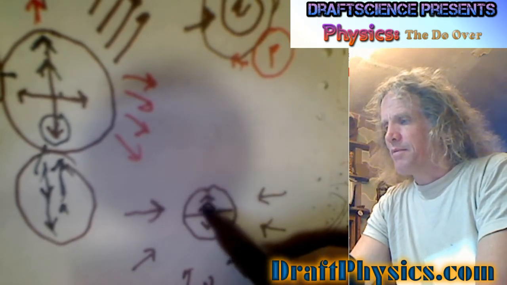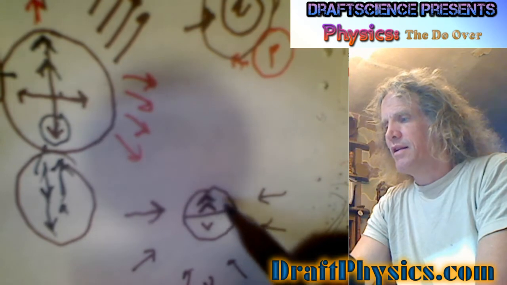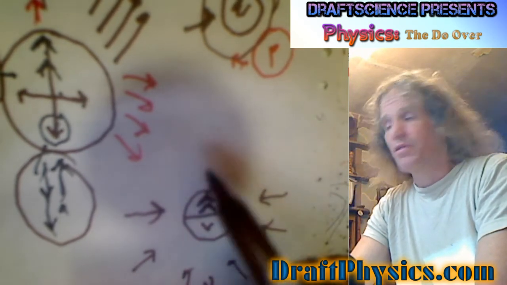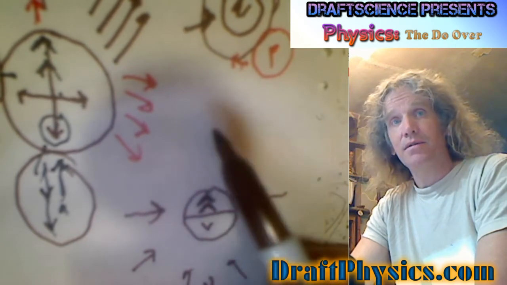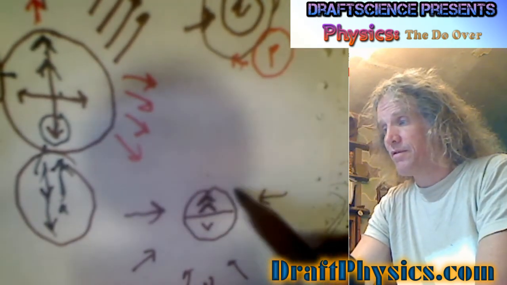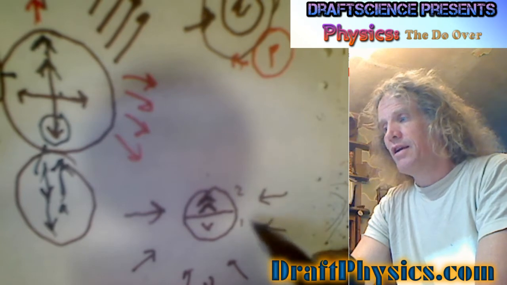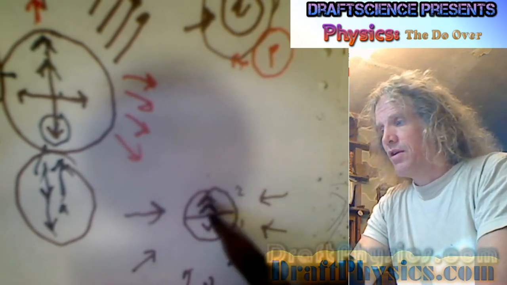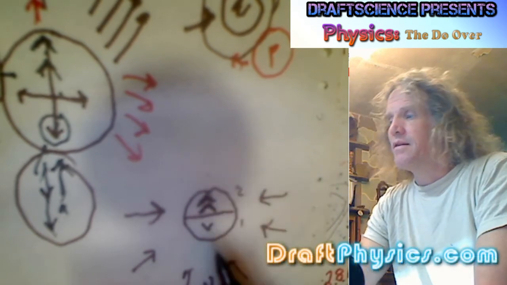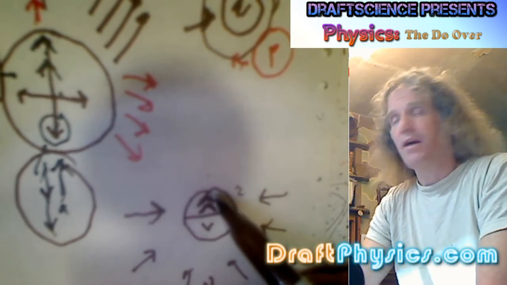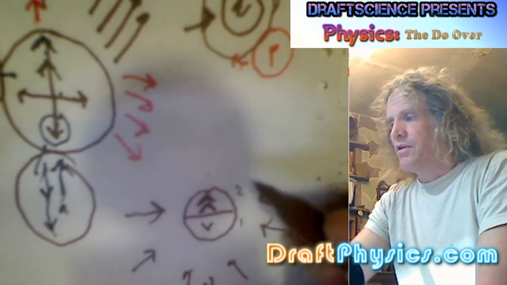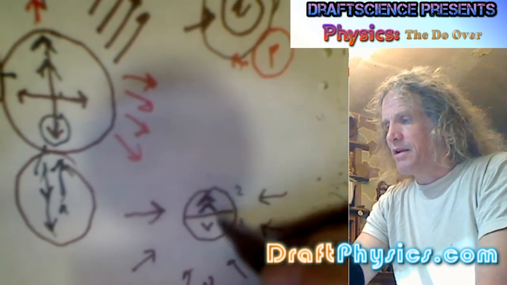But if it has a higher proportion of energy going one way, then it's more likely to make that exchange with the energy going in the direction of more. If there's two here and only one here, that means you get more tails than heads. So you'll affect the energy in this direction more often by just the laws of probability because there's more of it. So there'll be constant exchanges happening in the environment.